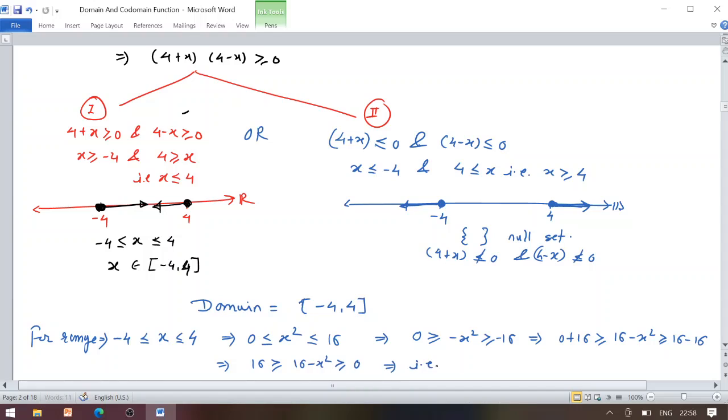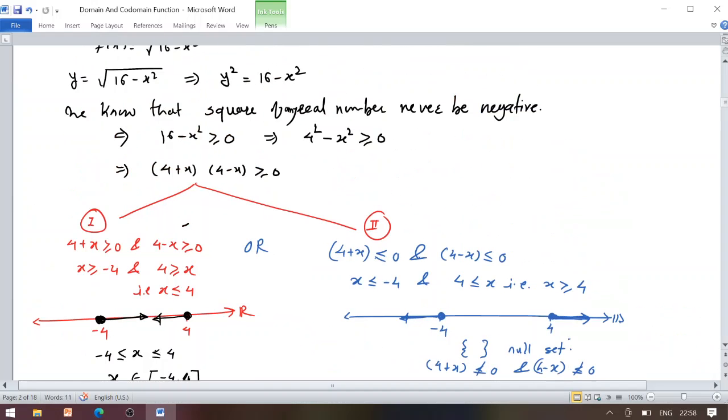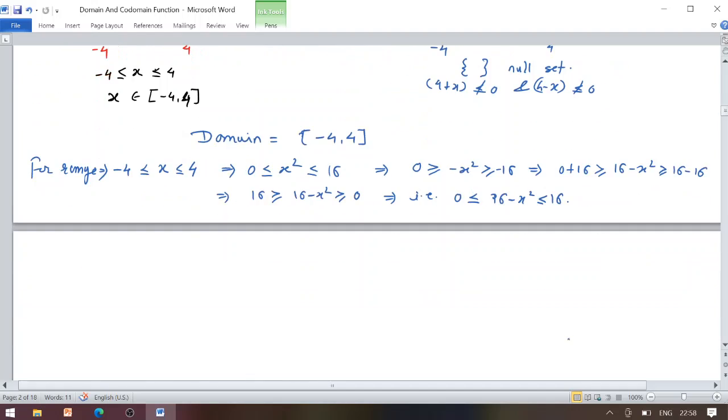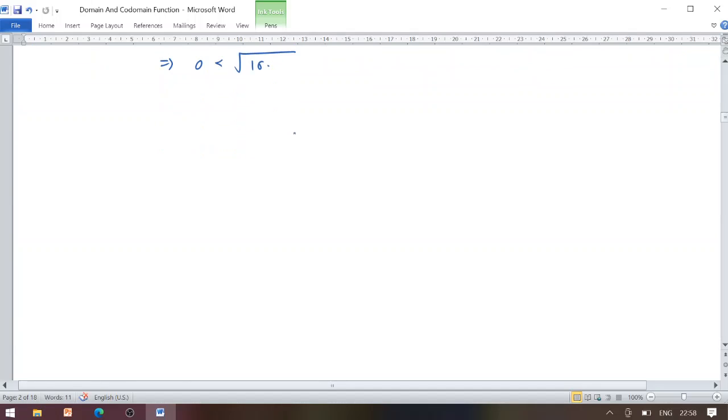That is, we can write the given inequalities in the form 0 is less equal 16 minus x square, which is less equal than 16. So using the given function, we require square root of 16 minus x square. After taking square root throughout the inequality, we have 0 is less equal root of 16 minus x square, which is less equal than 4.